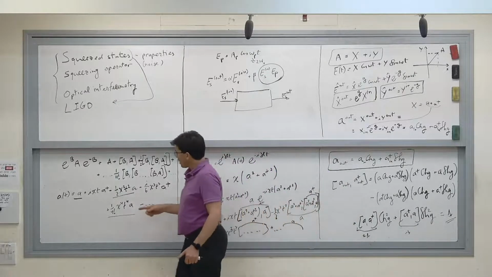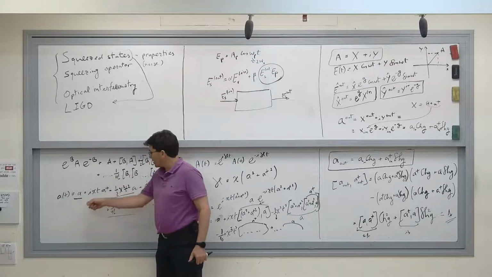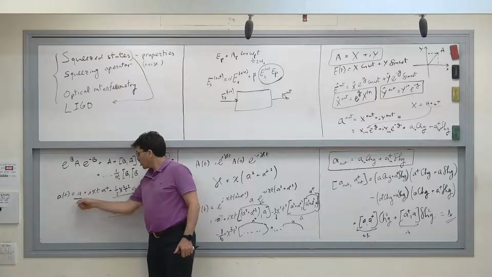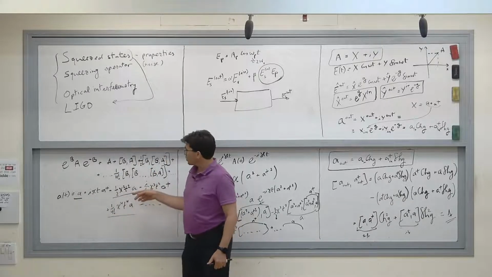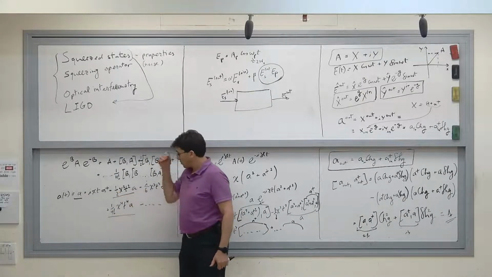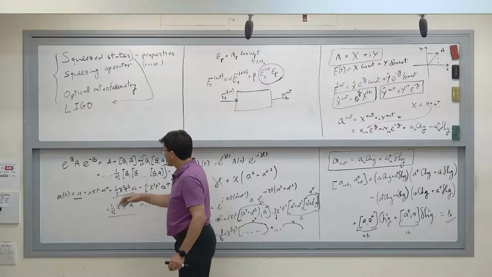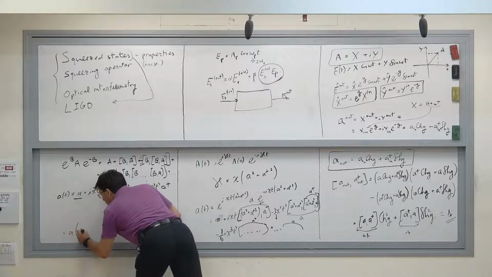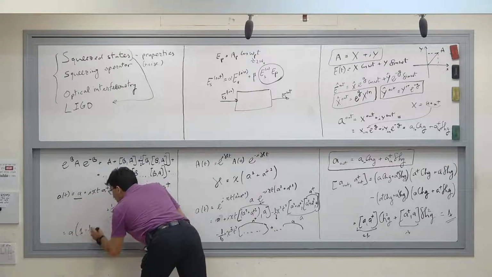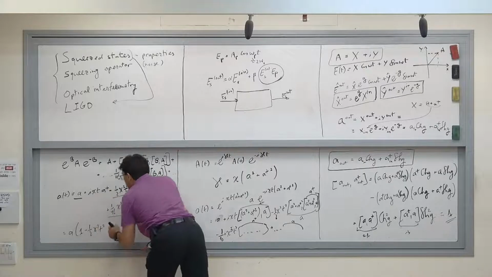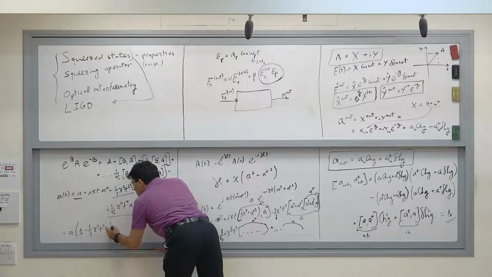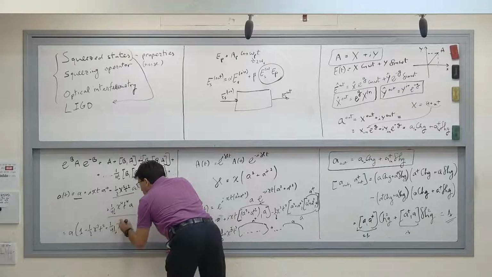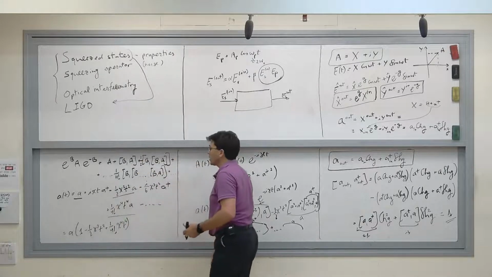Okay. So this, by the way, basically what we have here is a cosine, right? So this A comes out, and we have 1 minus half chi squared t squared plus 1 over 4 factorial times chi to the 4 t to the 4. That's this part.